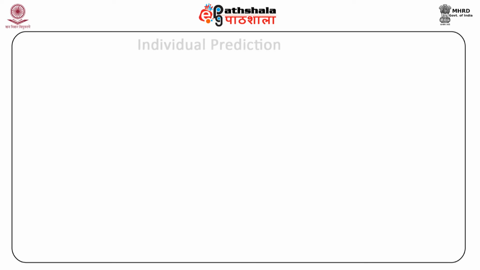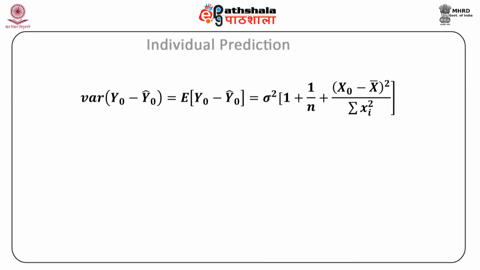If our interest lies in predicting an individual y value, y0, corresponding to a given x value, say x0, then a best linear unbiased estimator of y0 is also given as in the first equation under this topic, but its variance is as follows, which means variance of y0 minus y0 hat is equal to expected value of (y0 minus y0 hat) square, and this on simplification comes out to be equal to sigma square into 1 plus 1 by n plus (x0 minus x bar) square divided by sigma xi square.